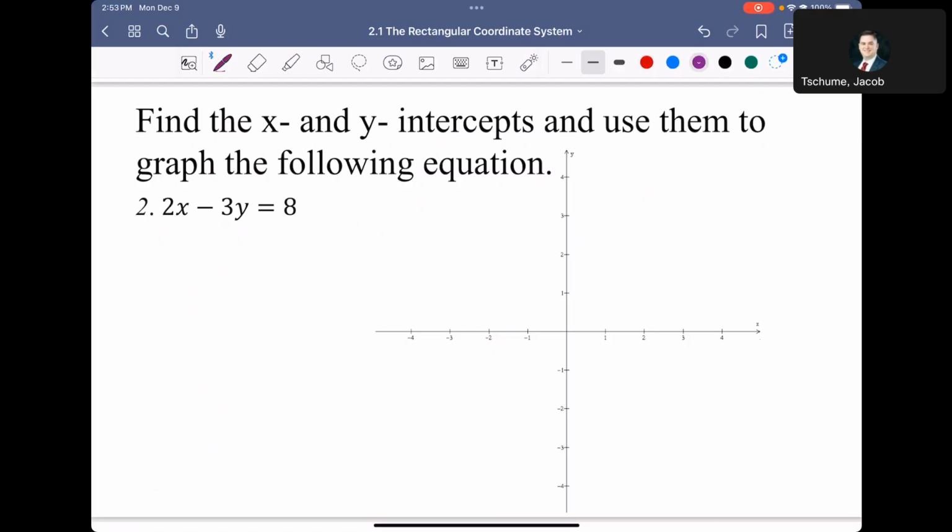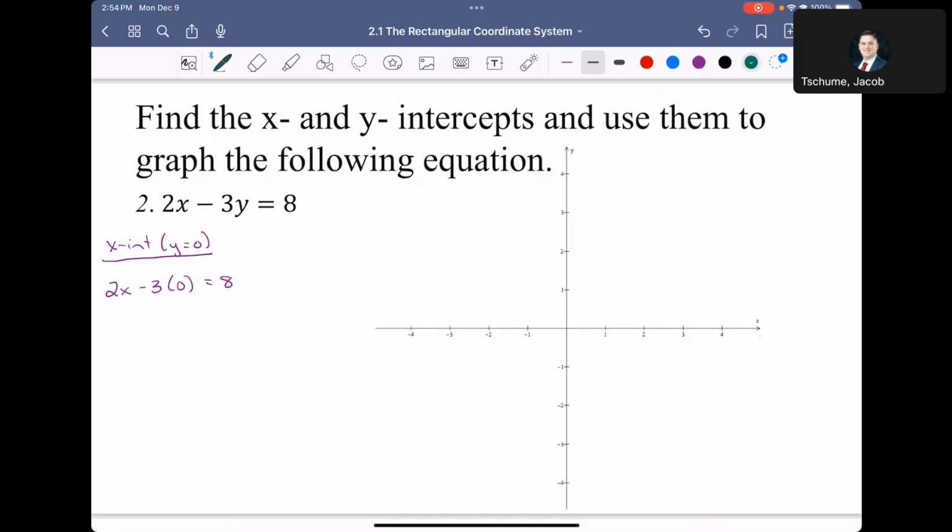And so as a refresher, anytime you want to find an x-intercept of any graph, the definition of an x-intercept means you have to let y equal 0. So if I go to my original equation and I let y be 0, you will have 2x minus 3 times 0 equals 8.